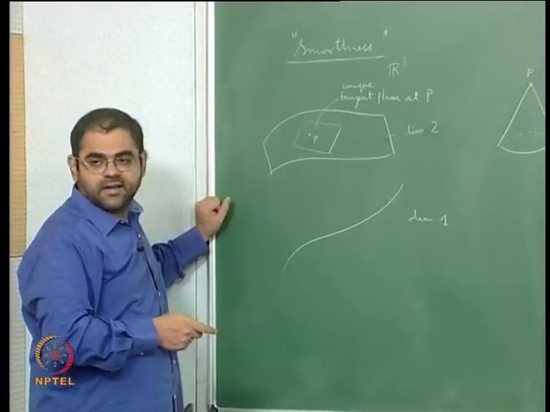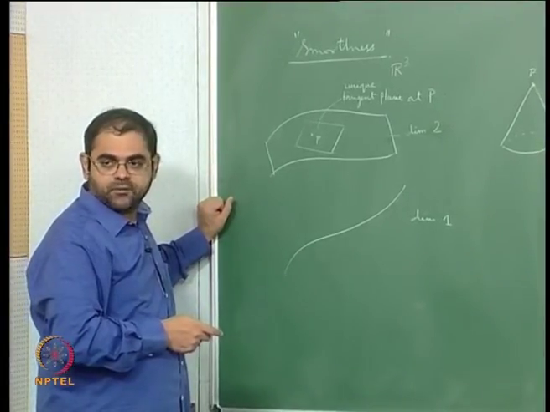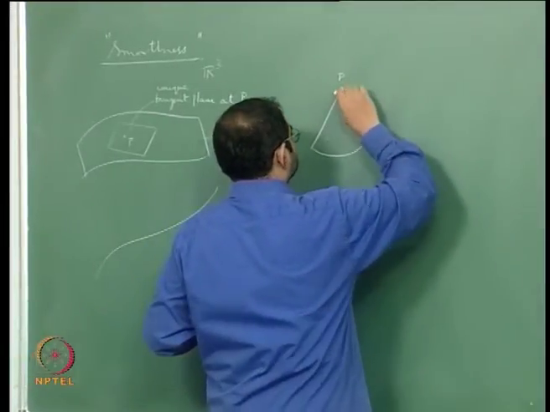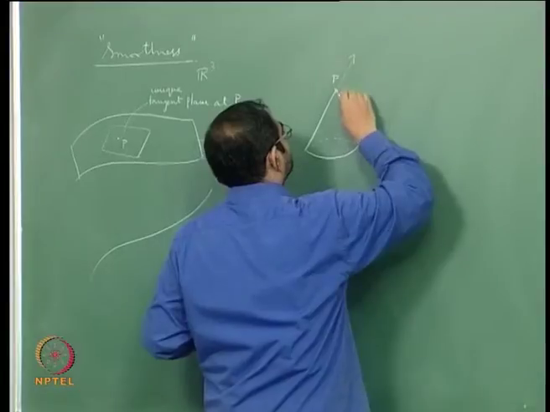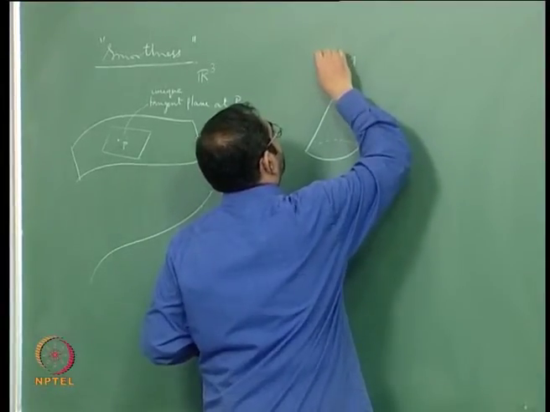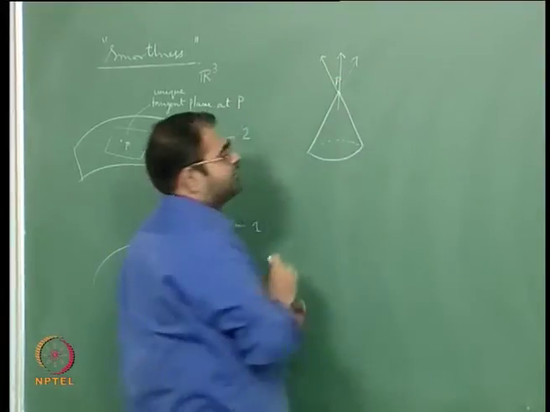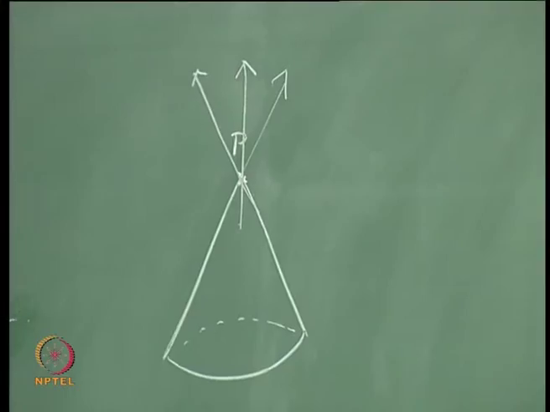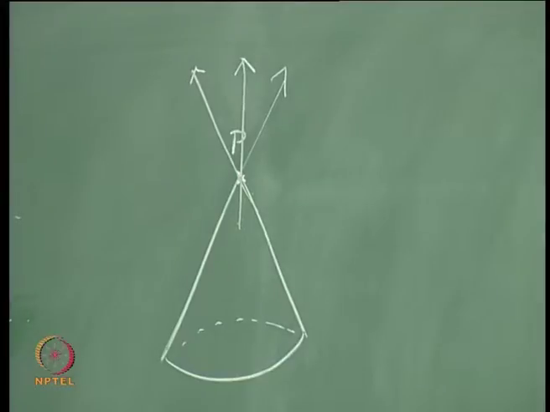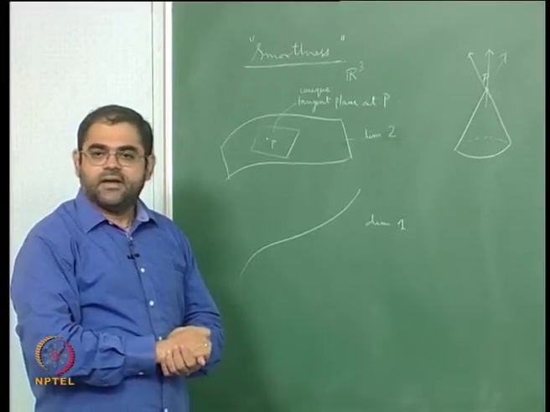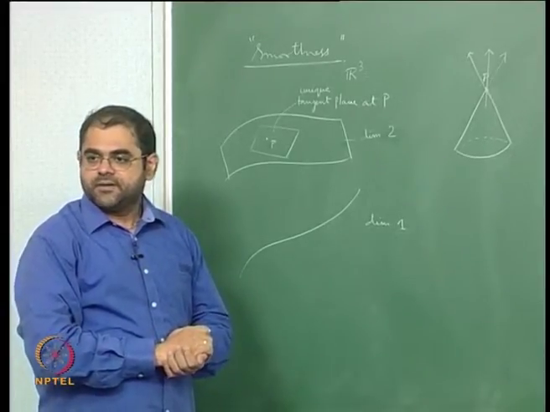They lie on tangent lines passing through the point. If I try to draw tangent lines passing through this point, I can easily draw three linearly independent vectors. I can draw three different lines which lie in the directions of three linearly independent vectors.